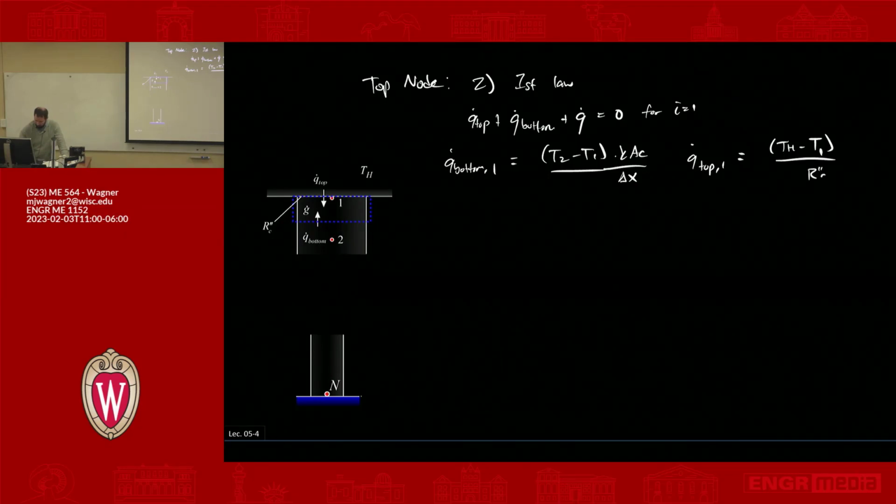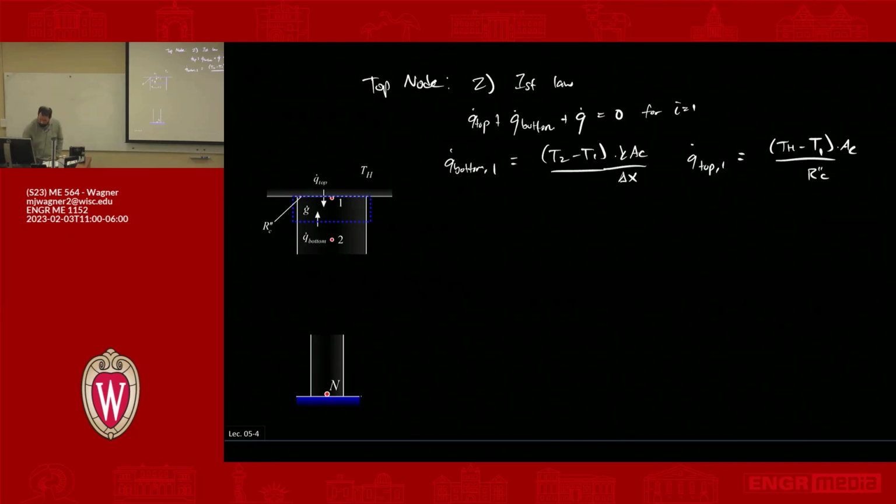So that'd be R double prime C divided by AC. That's one of our resistances for the top. You'll note that we're going to end up with a set of equations that includes only the n temperatures, and we should have n equations. So we have TH is defined. We're using T1, which we don't know, but we have the rate equation that goes with it.